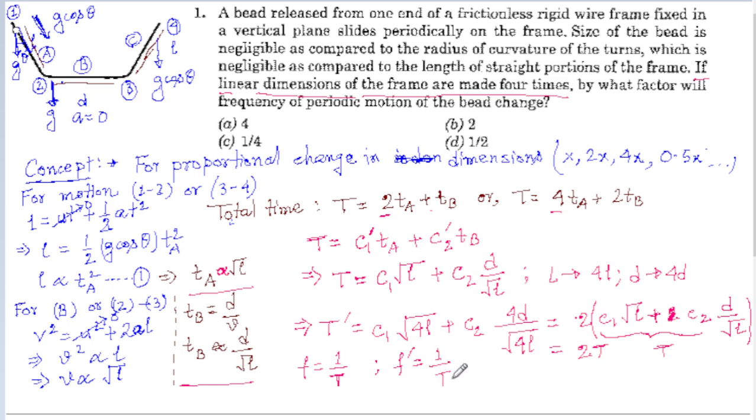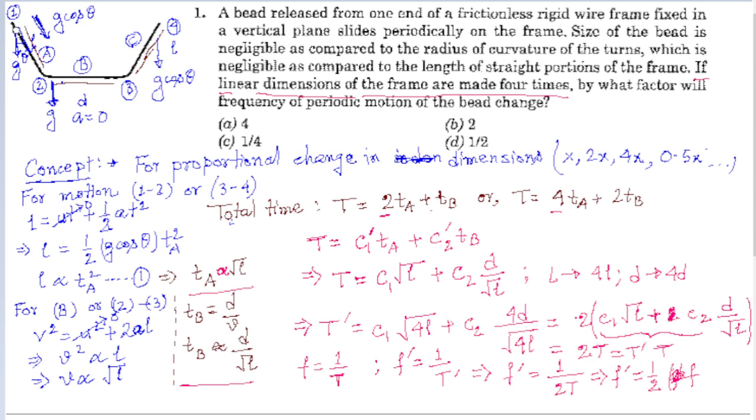But t dot is 2t, so f dot equals 1 divided by 2t, or half into 1 divided by t, and 1 divided by t is our frequency f.